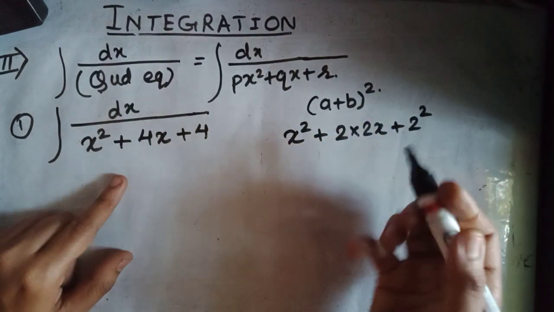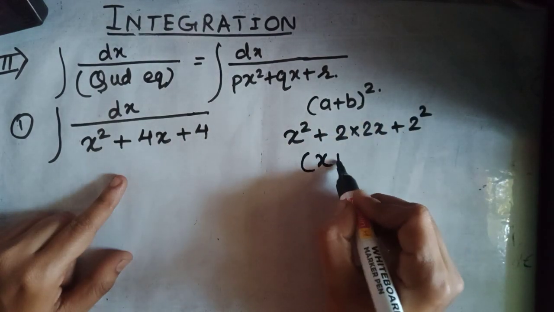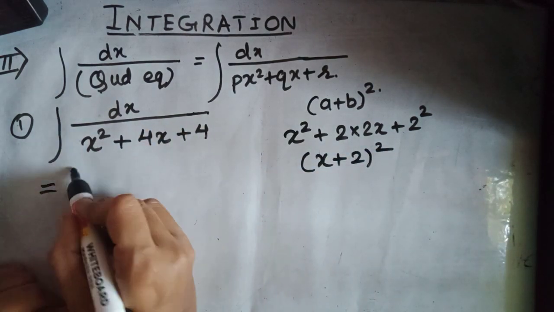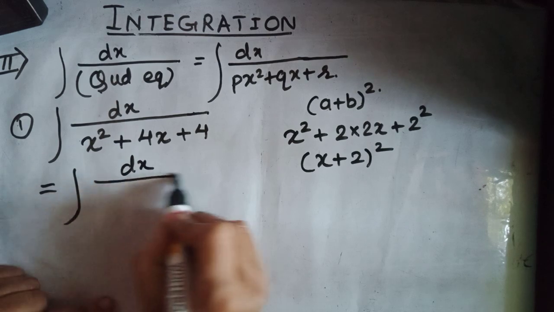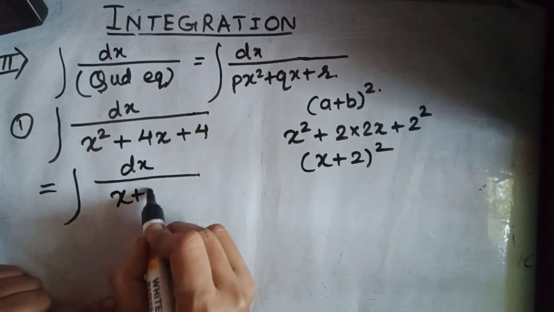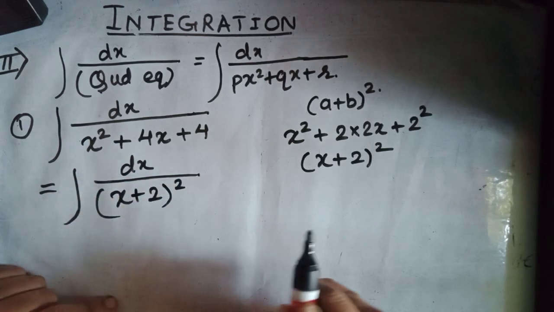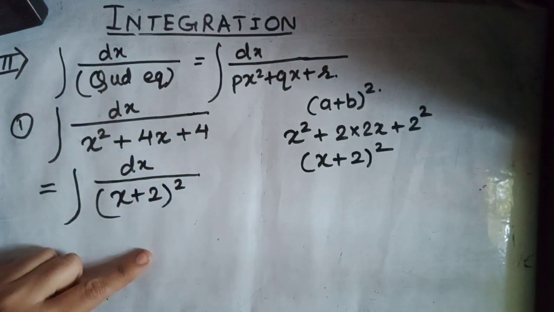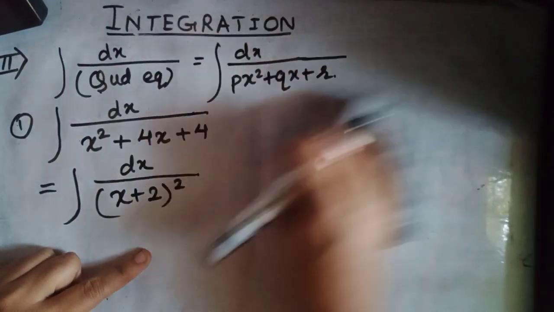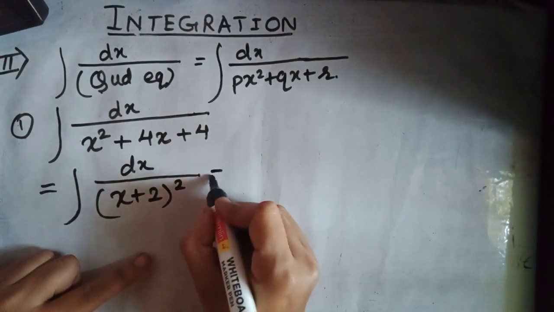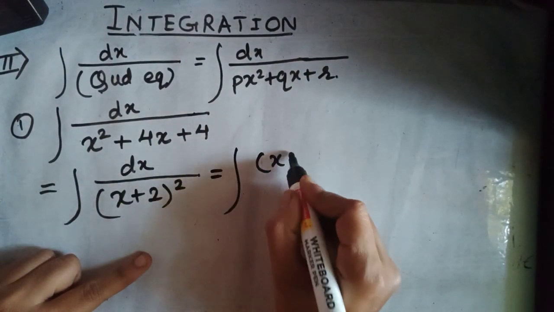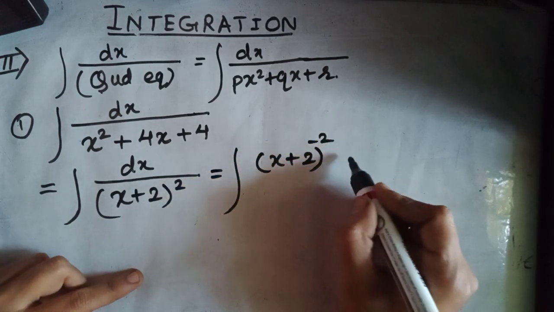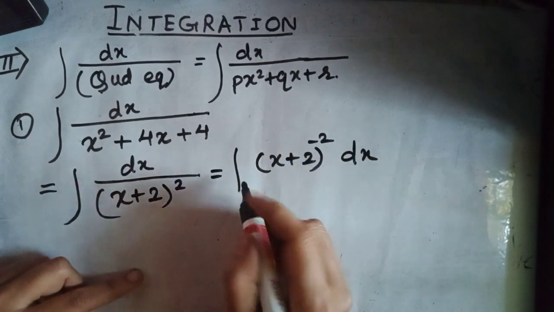It is already in this form, that is (x plus 2) the whole square. This is direct. So write dx upon (x plus 2) the whole square. This you can directly integrate, that is nothing but (x plus 2) raised to minus 2 dx.